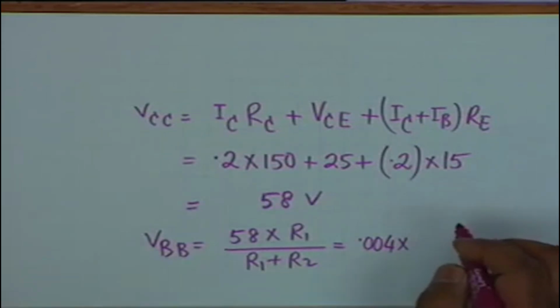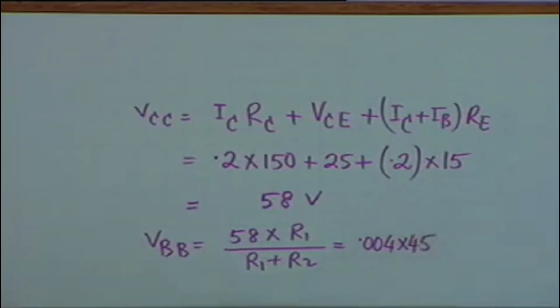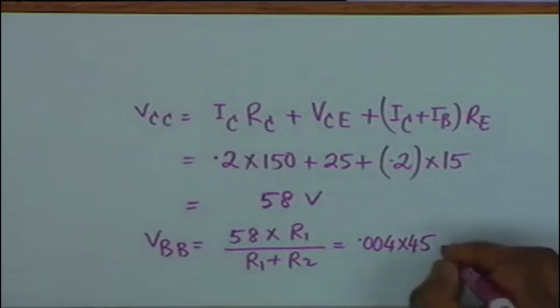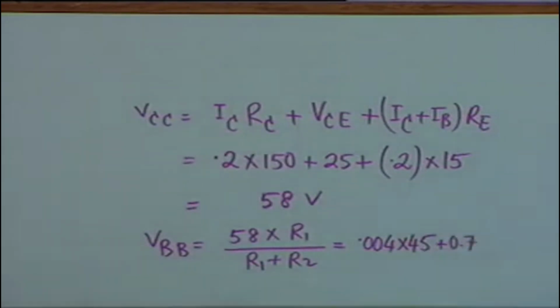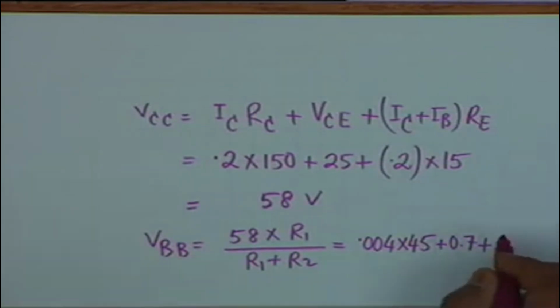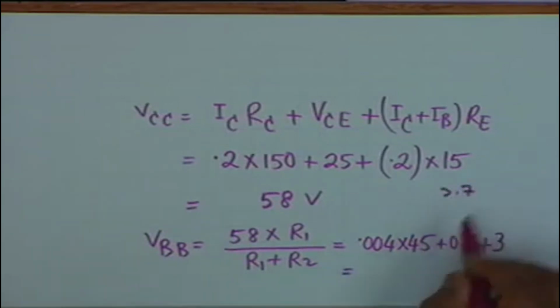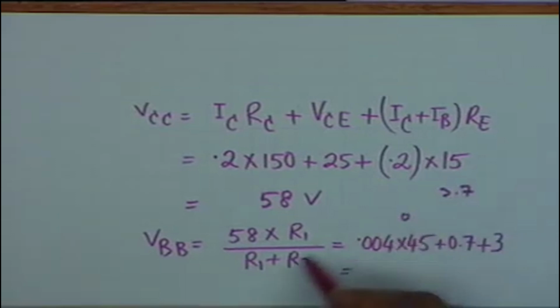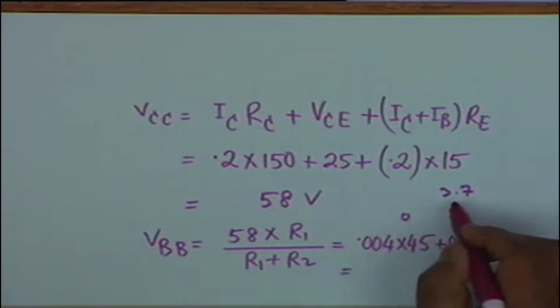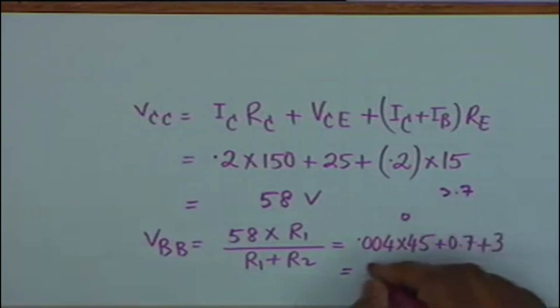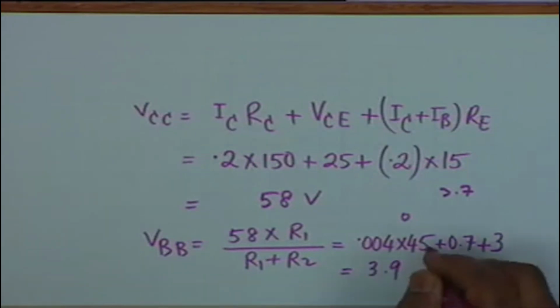We have already chosen RB, that is 45 ohms. IB RB plus VBE, which is 0.7, plus VE. How much was VE? 3 volts. And you can see how much this is: 3.7 and 0.18, so 3.887. Yeah, okay.